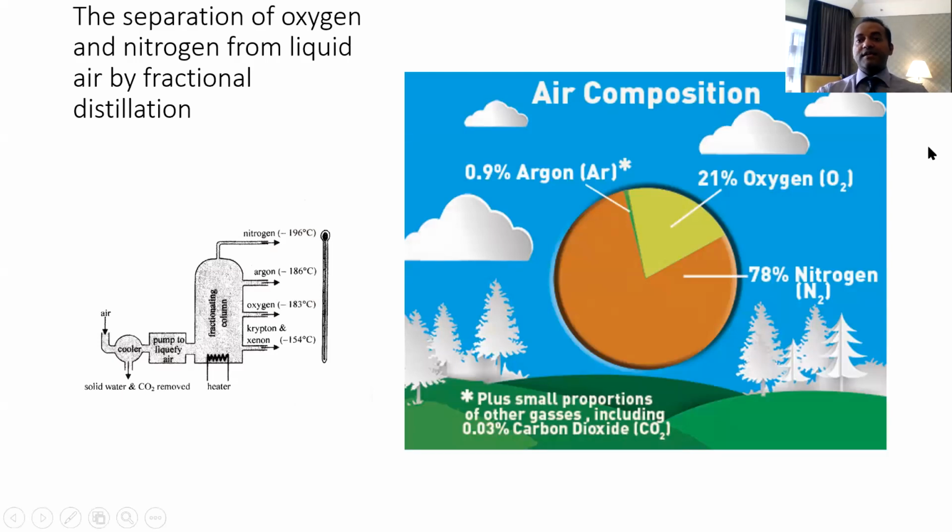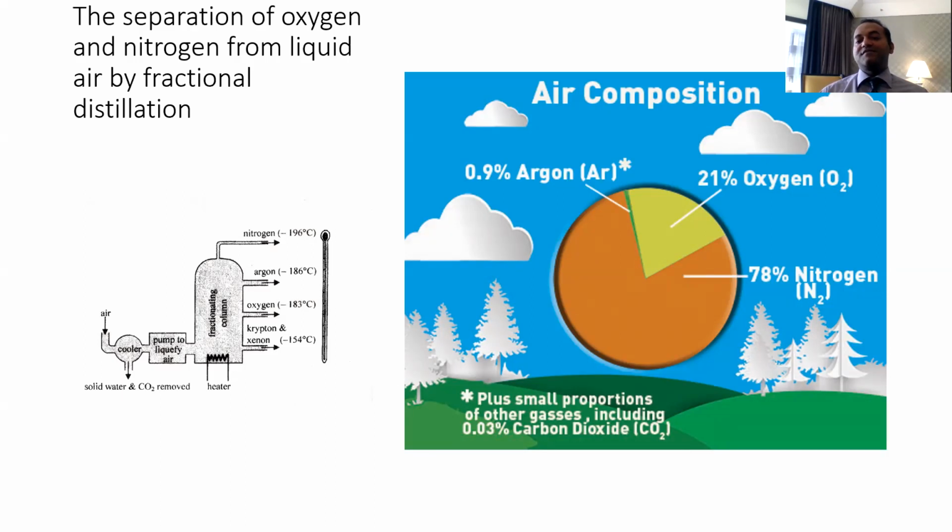As you can see from this diagram, the main composition of air is nitrogen gas. It makes up about 78% of the total air, and 21% is oxygen. Both of them combined make almost 99%.